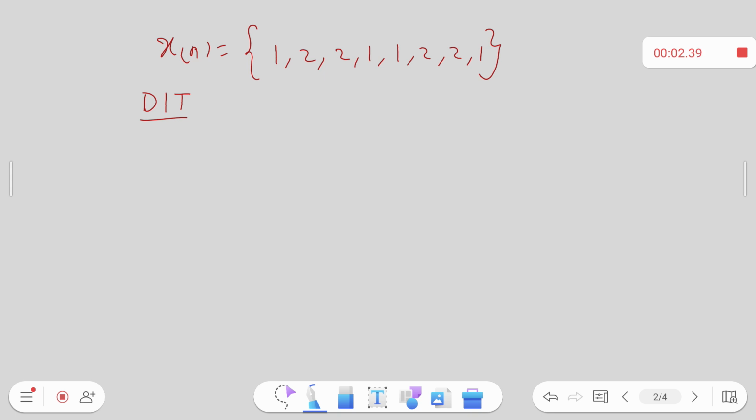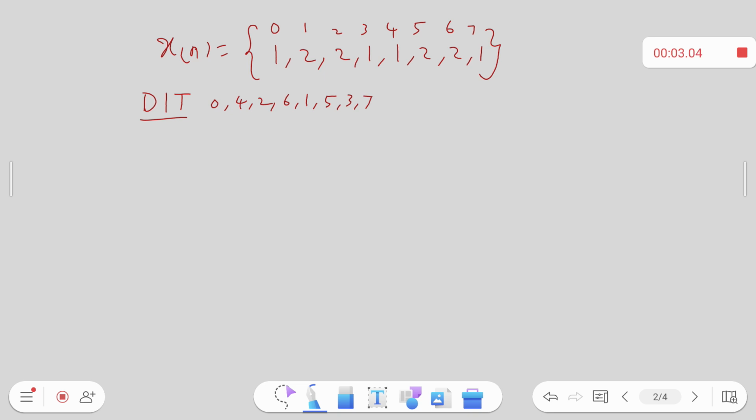So I am writing these values: 0 1 2 3 4 5 6 7. Now for my bit reversal order, I need to do bit reversal, which will be 0 4 2 6 1 5 3 7. This is the bit reversal order for 3 bits.